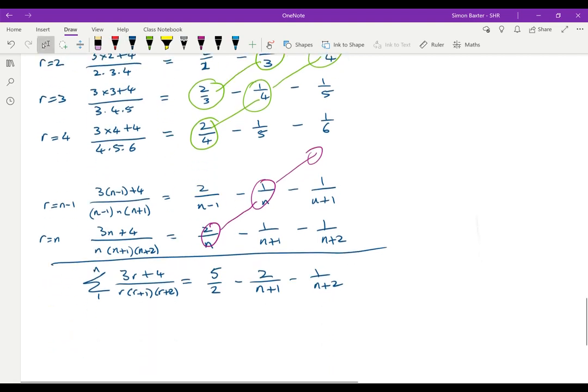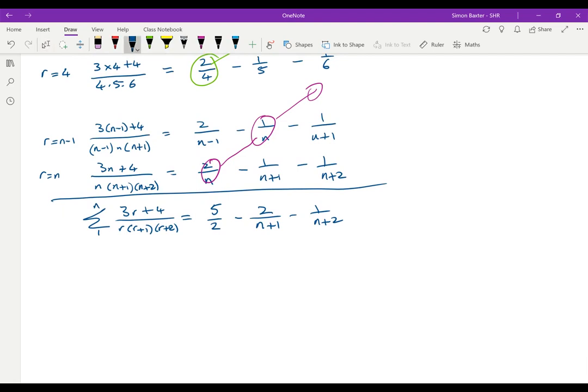Now it's just a piece of algebra again. Put them all over the same denominator, 2(n plus 1)(n plus 2). I'll have 5(n plus 1)(n plus 2), minus 2 times 2(n plus 2), minus 2 times (n plus 1).